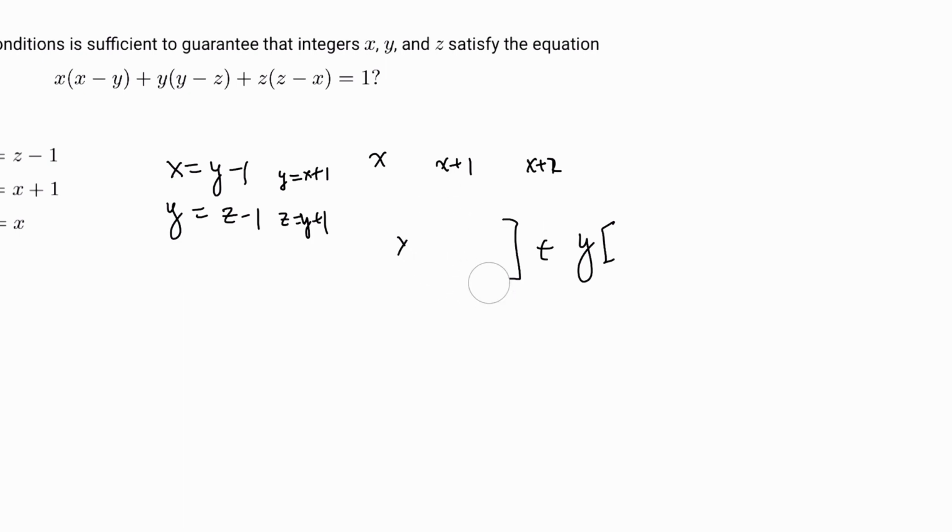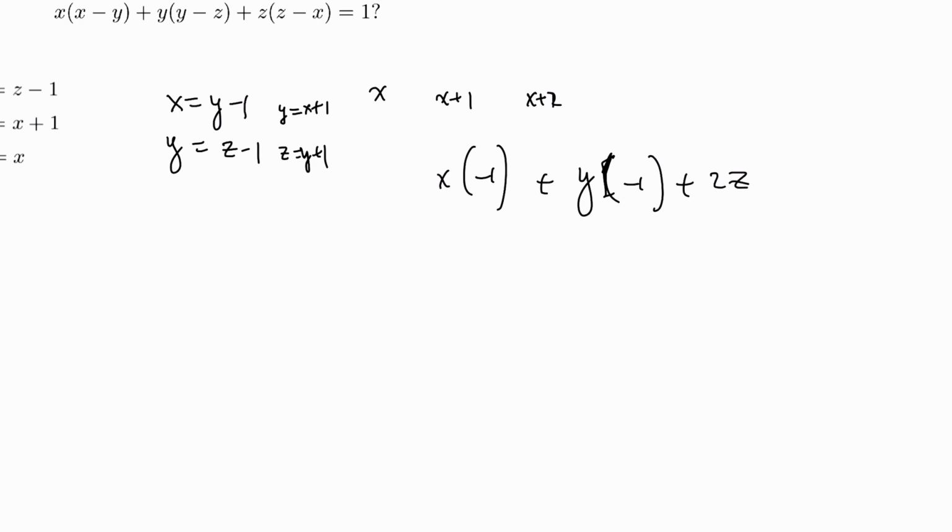I realized that there is a typo, I just wrote it wrong. It's x times negative 1, plus y times negative 1, plus 2z, because z minus x is equal to 2. That is equal to negative x minus y plus 2z, which gives negative x minus 1 plus 2x plus 4.